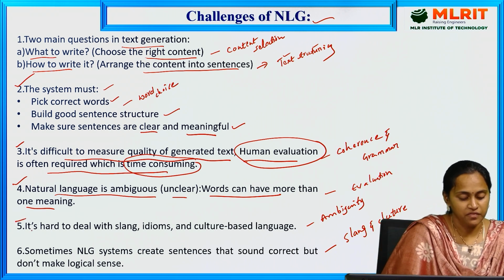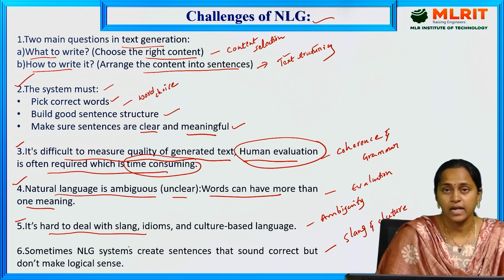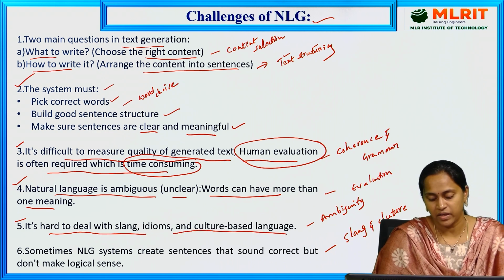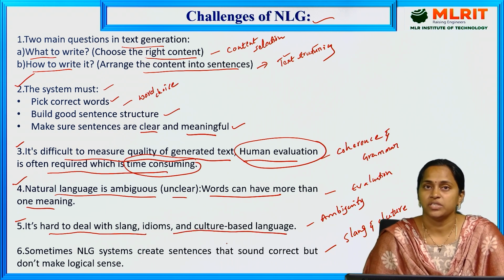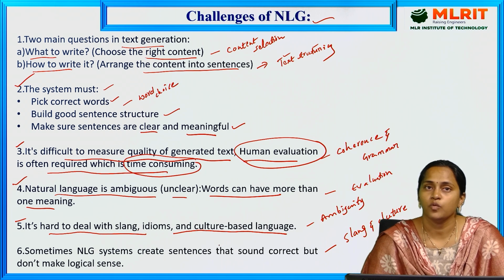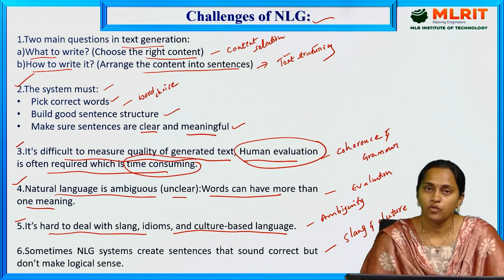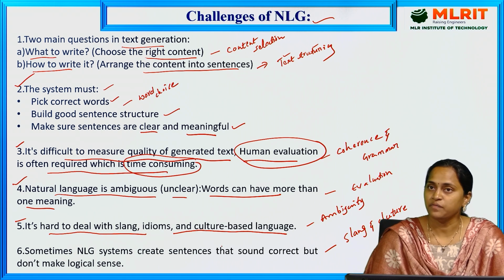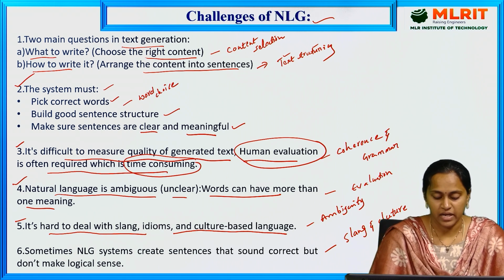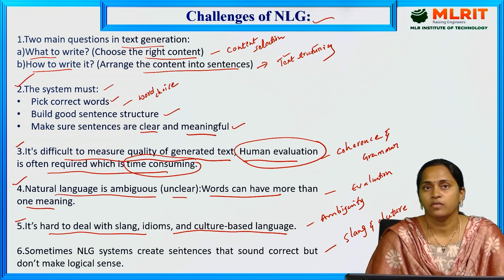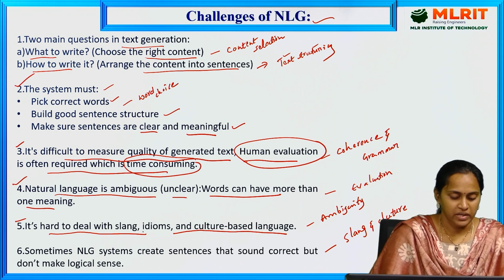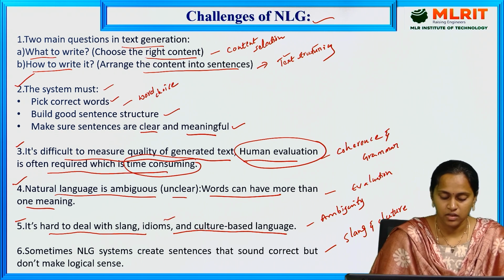The fifth challenge is that it is hard to deal with slang, idioms, and culture-based language. With slang and pronunciation, the meaning or pronunciation may be the same but the spelling is different. In one language we call something one way, and in another language it means something else. Idioms change from culture to culture.